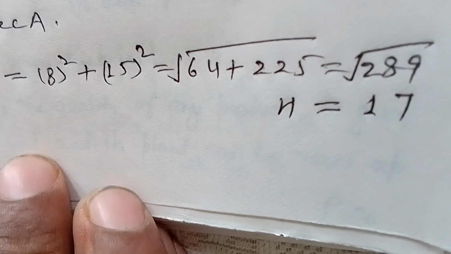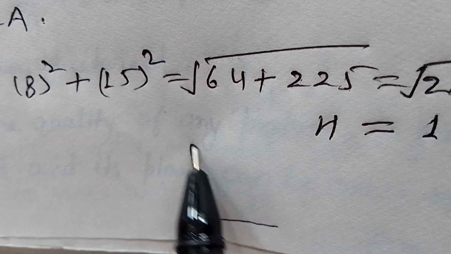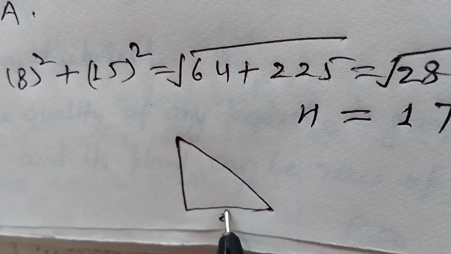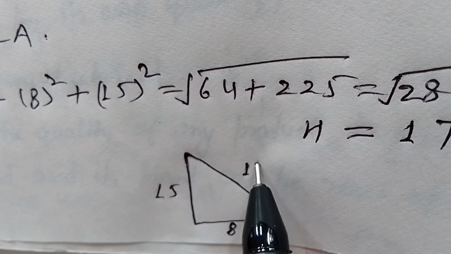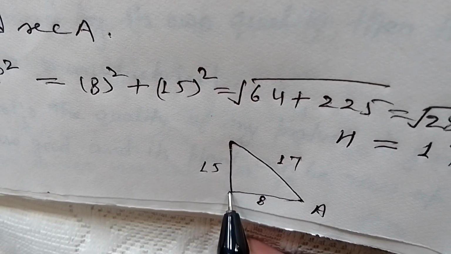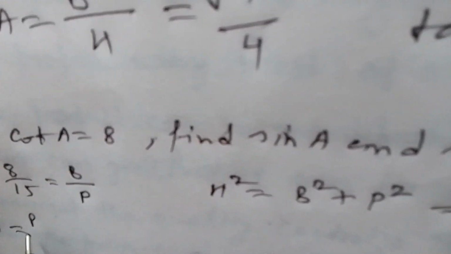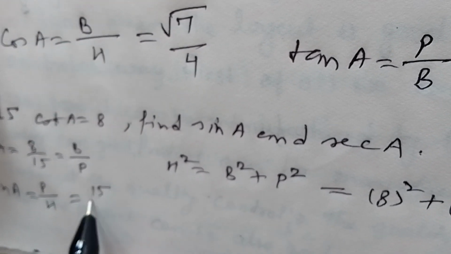So from this we will make the triangle having the three sides. The base of the triangle is 8, perpendicular 15 and hypotenuse 17. From this we can find the value of sin A. The value of sin A, in triangle A, B, C, is perpendicular divided by hypotenuse, that comes out to be 15 by 17.